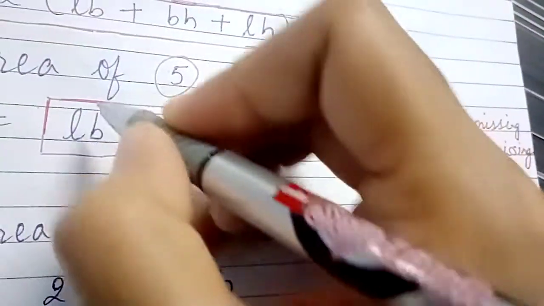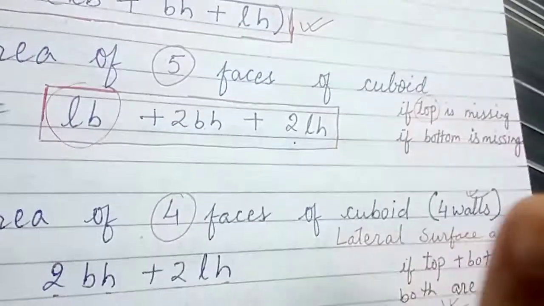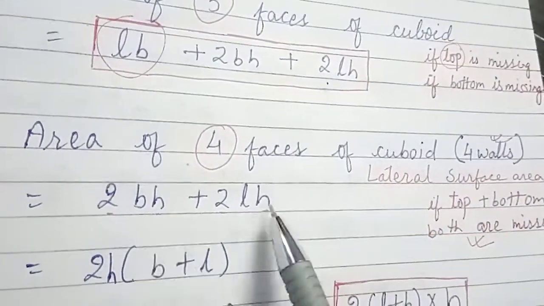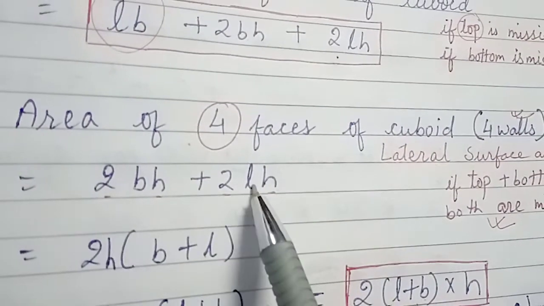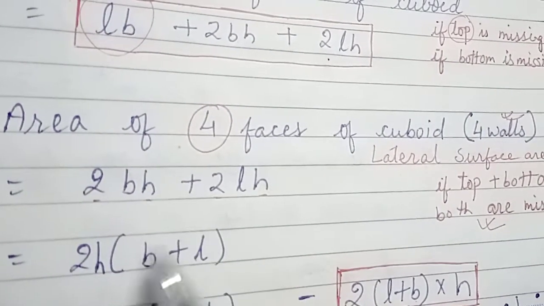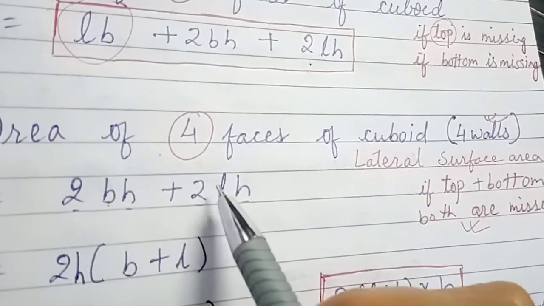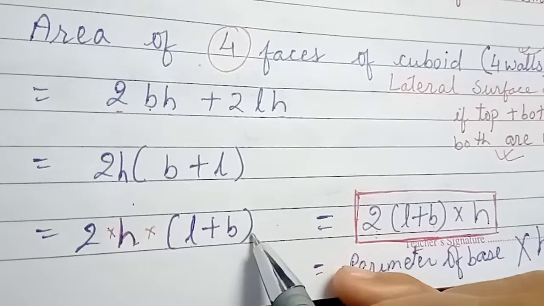Means LB is not there, only 2BH and 2LH. Now 2 is common, H is also common, so what are the things left? B and L. You arrange it, it will become L plus B.